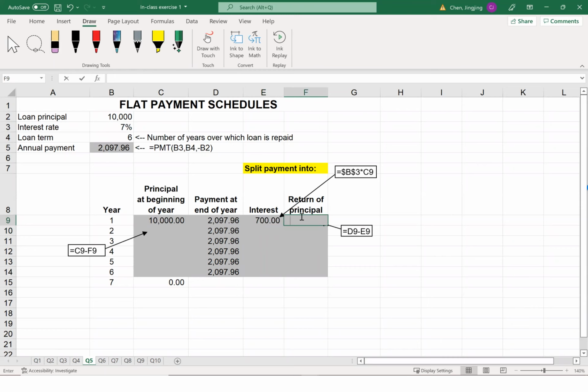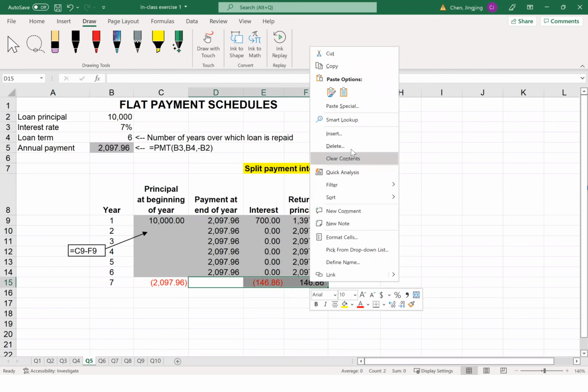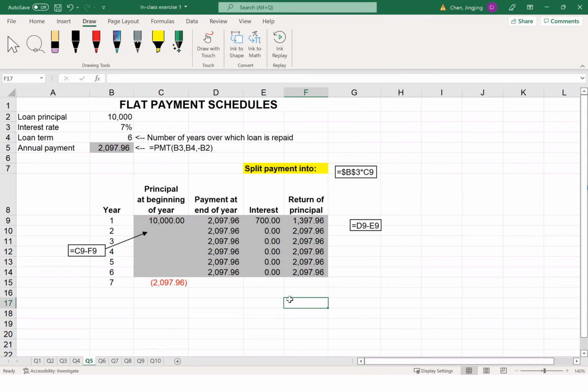Return of principal equals D9 minus E9. Enter. And then I'll just first delete these 2 arrows and then double click and also clear. I don't want this.